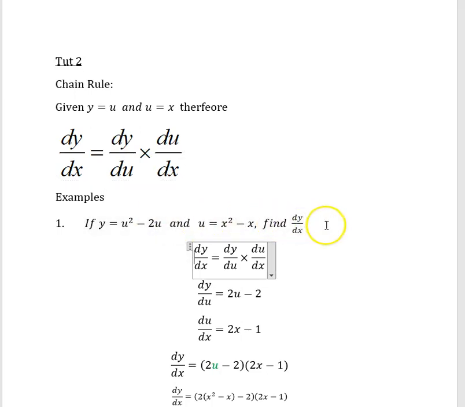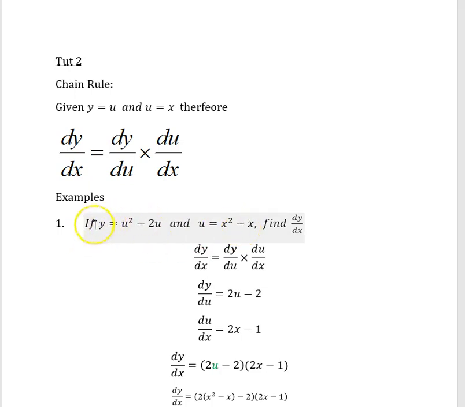In example 1 here, it says if y equals u squared minus 2u and u equals x squared minus x, find dy dx. Applying the chain rule, to find the relationship between y and x, I have to differentiate this on its own individually, differentiate this one again individually, and I will multiply the 2 answers.